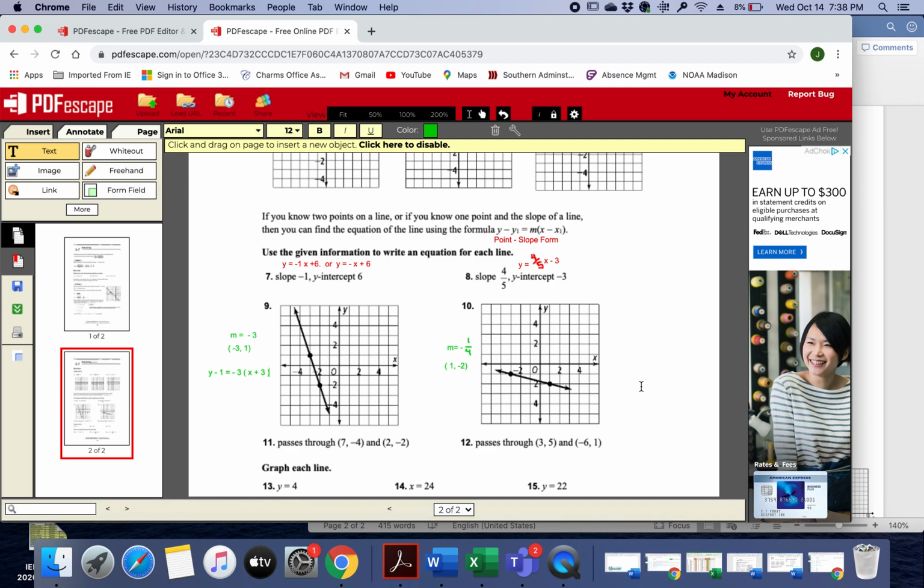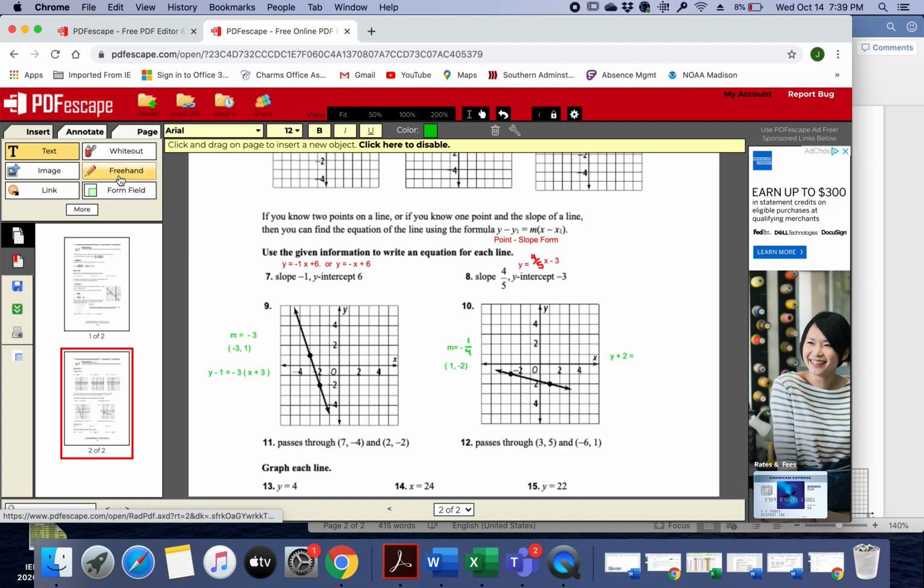Over here on number 10, same form, because I have slope and a point, so I'm going to write this in point-slope form. So I have y minus my y value. Again, my y value here is negative, so it'd be minus negative 2, which is the same thing as plus 2, equals my slope, which is 1, and then x minus my x value. I'm sorry, I messed it up. Did y'all catch that? The slope is negative 1/4.